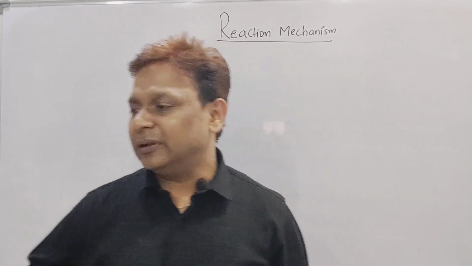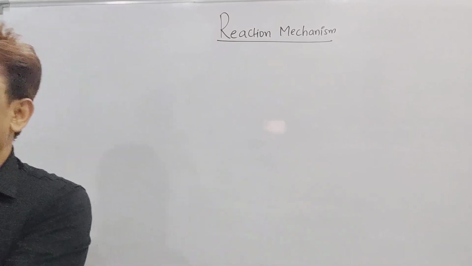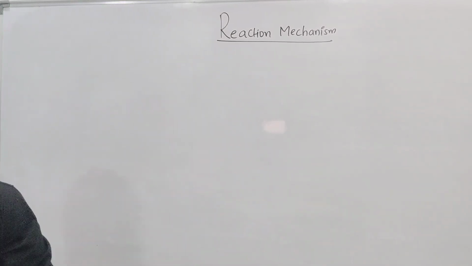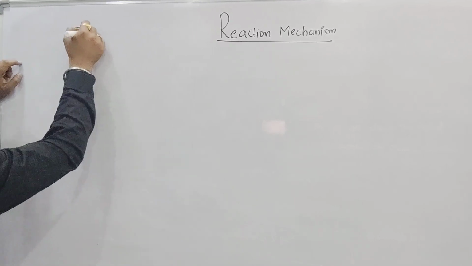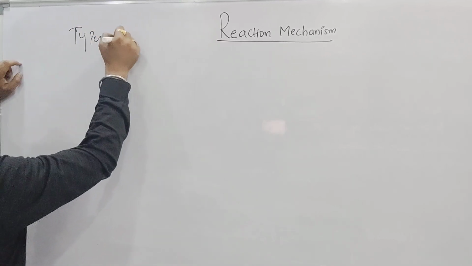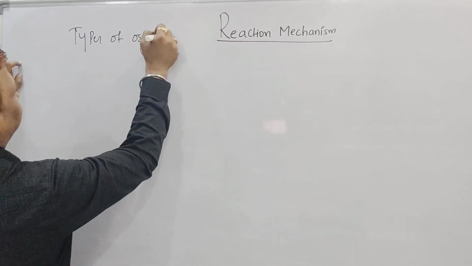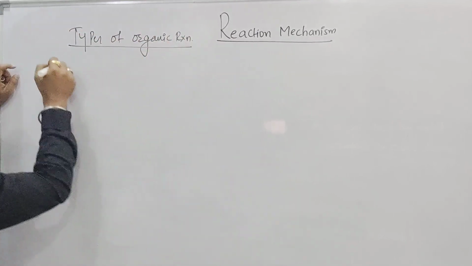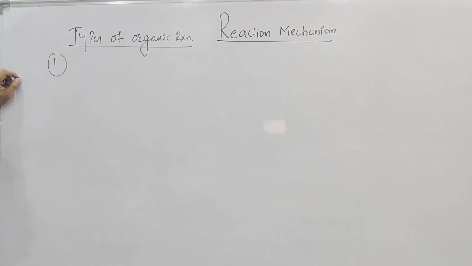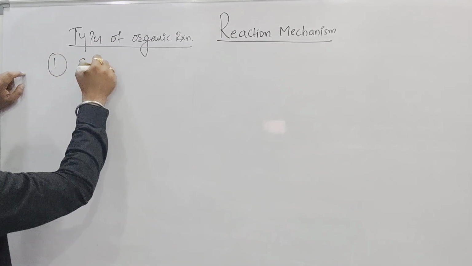Now we will come to the types of organic reactions, beta. What are the types of organic reactions, and how to go with this? So, types of organic reactions. The first one will be called a substitution reaction.